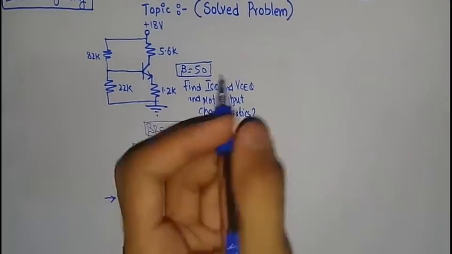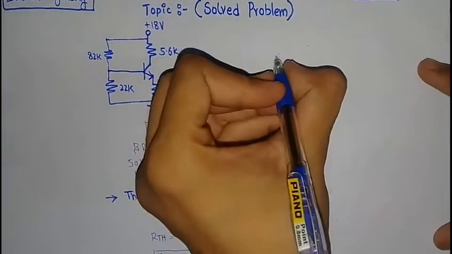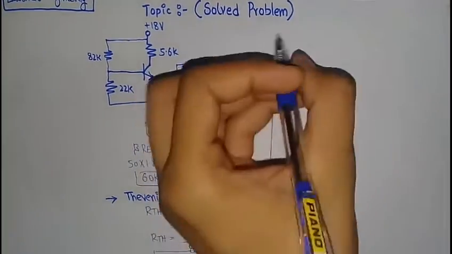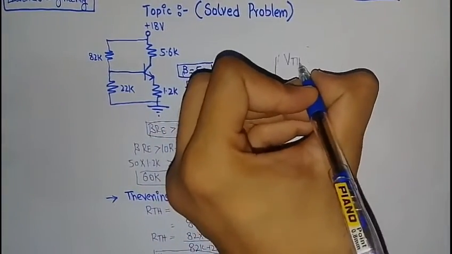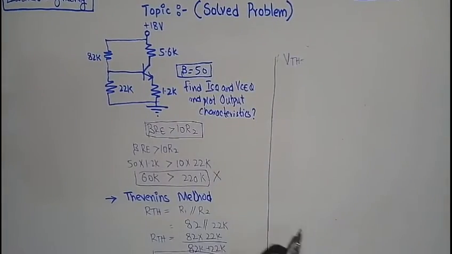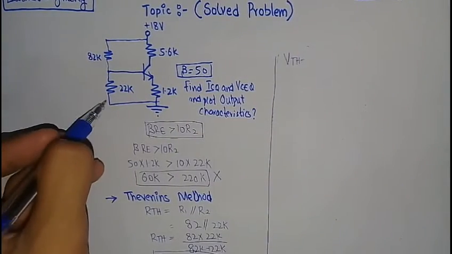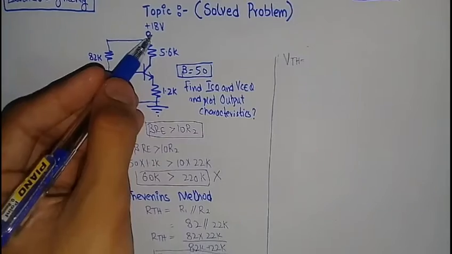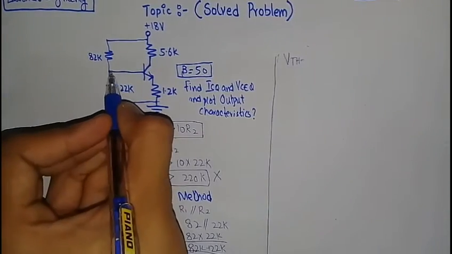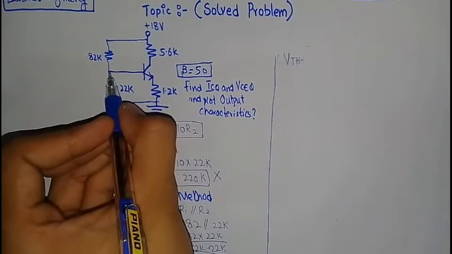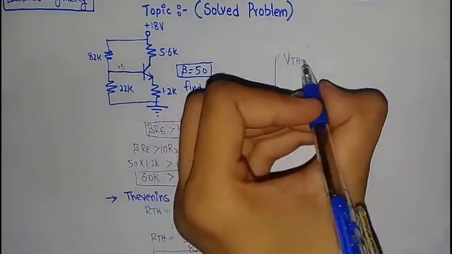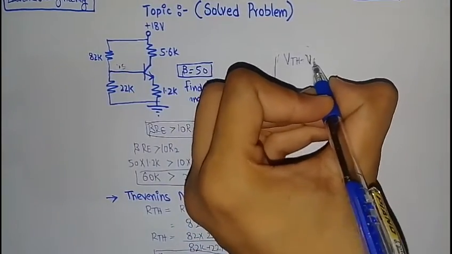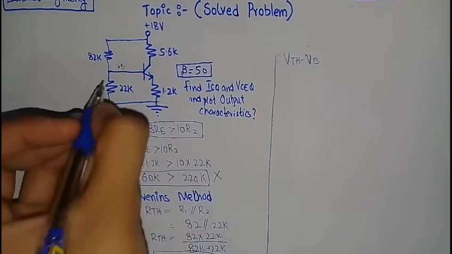Now we will find the value of V Thevenin. V Thevenin is calculated across the parallel combination of the resistors, and the voltage drop is VCC. You have to find the voltage at that point, and that point is the base voltage. So V Thevenin is also called the base voltage of the circuit.